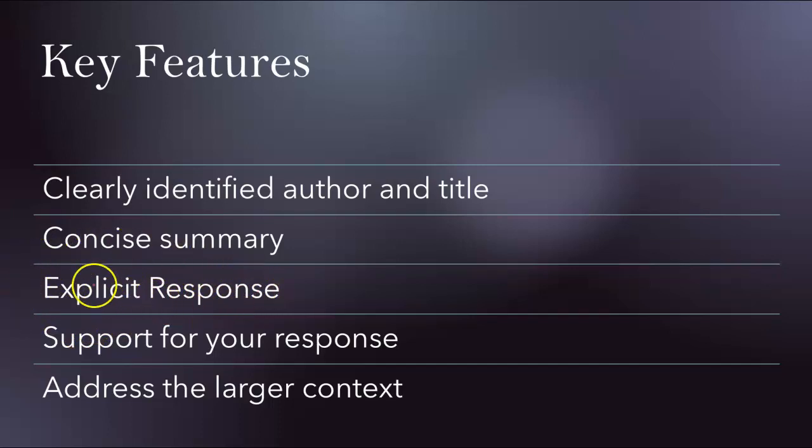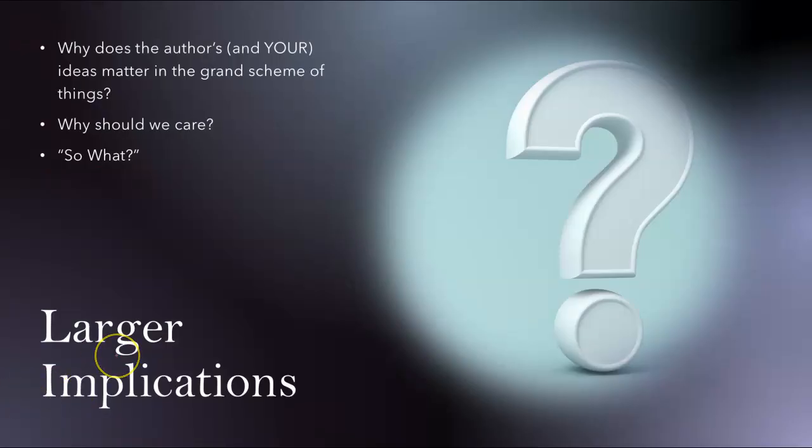And that's really the meat and potatoes of what I'm looking for from you guys. You can give me a short, condensed summary, but I'm looking for a longer, more explicit response where you offer support and address the larger context, the larger implications. Why does that matter? Why do the author's ideas, and your ideas in relationship to the author's ideas, matter in the grand scheme of things? Why should we care? So what?